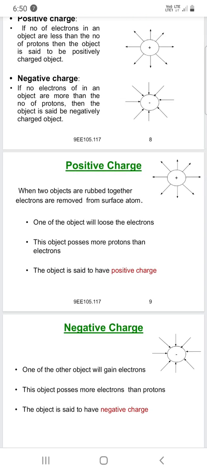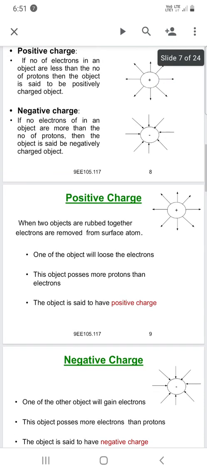How do we indicate the positive charge? If the number of electrons in an object is less than the number of protons, the object is said to be positively charged.